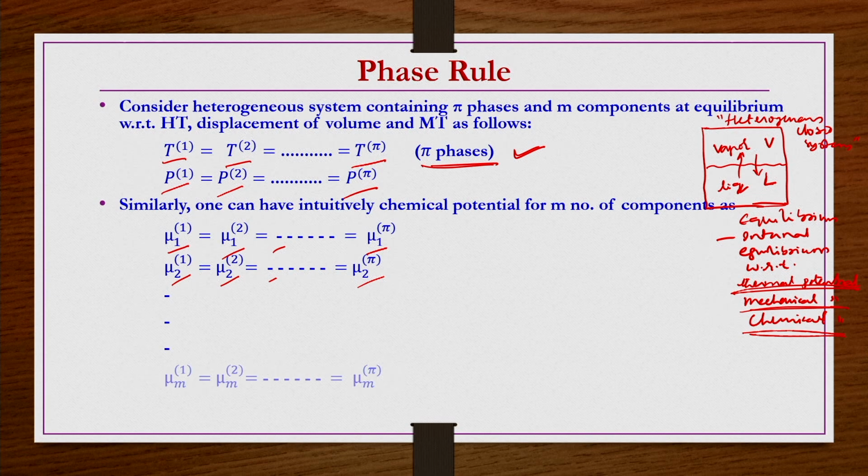For the last component, let us say m, its chemical potential in phase 1 should equal its chemical potential in phase 2, which should equal that in phase 3, and likewise up to the chemical potential of that particular mth component in phase pi.